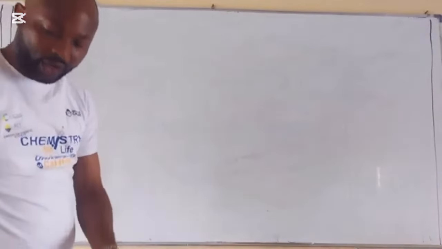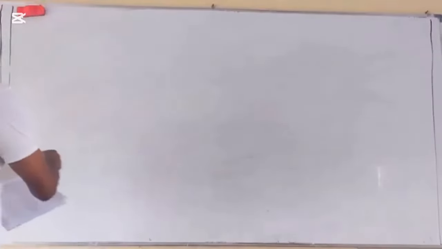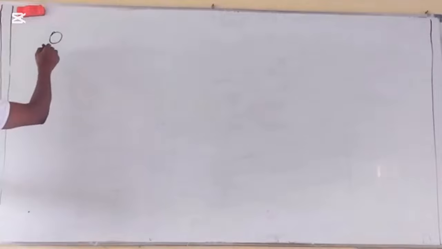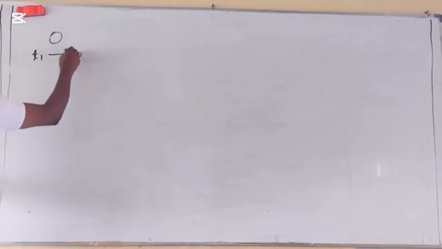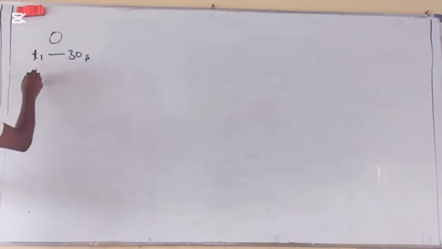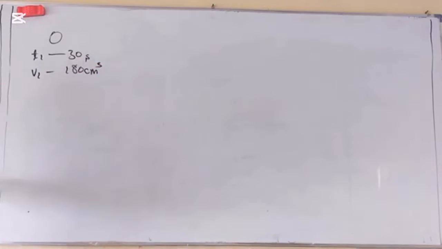In 30 seconds, 180 cm3 of oxygen. So the first gas here is oxygen. T1 is 30 seconds, V1 is 180 cm3 of oxygen diffused through a porous plate.